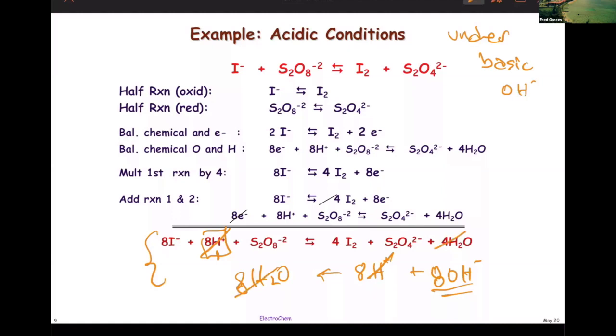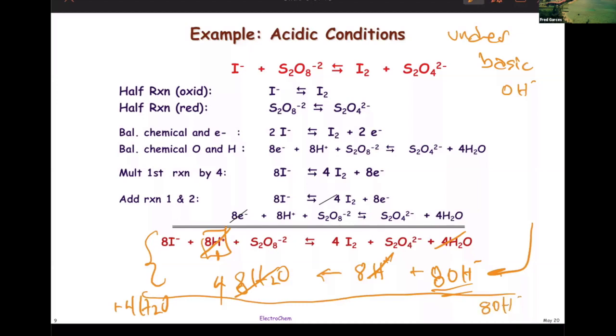This goes to 4. And so when I add that, after this adjustment right here, I get everything the same, except now my water will be on this side. My hydroxide is on this side, and the water is eliminated. So that's all I need to do. And when I do this, my net equation will be changed to the following.